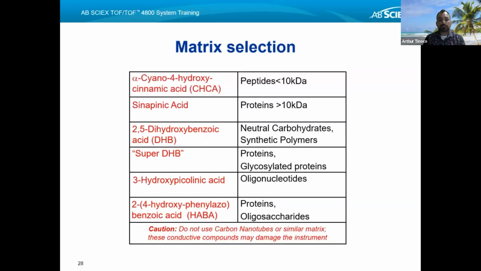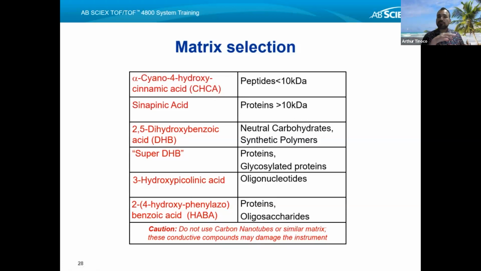All right, so here is a table of some very well-established matrices that have been defined for certain types of samples. What I'm going to guide you through, particularly for your hands-on workshop, is the use of a matrix for small molecules that I have seen to be useful for a number of types of samples. Initially, when MALDI mass spectrometry was designed, it was designed for something more applicable to biochemistry.